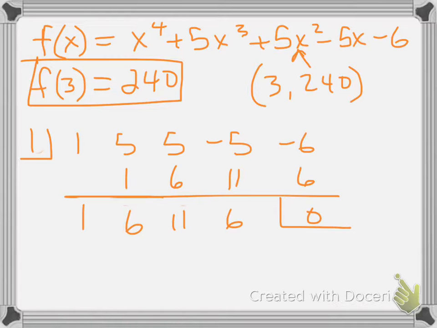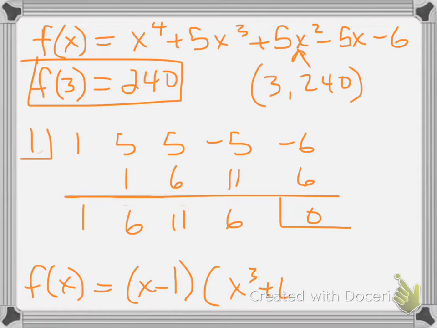That 1 is a root and x minus 1 is a factor of f of x. As a matter of fact, f of x is equal to x minus 1 times x cubed plus 6x squared plus 11x plus 6.